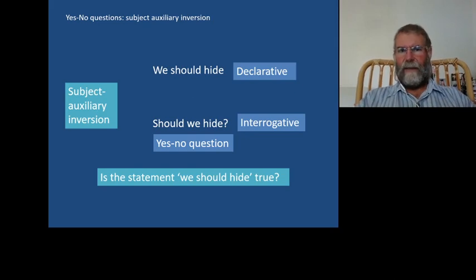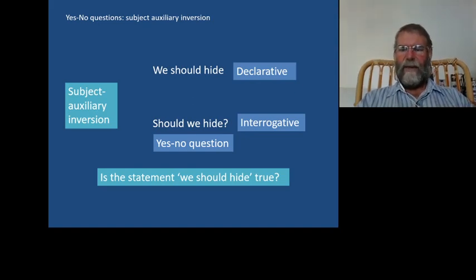We'll get into that in a minute, but obviously with subject auxiliary inversion, we seem to then be assuming that something is moving about. We are changing the order from the declarative subject auxiliary order to the interrogative auxiliary subject order.